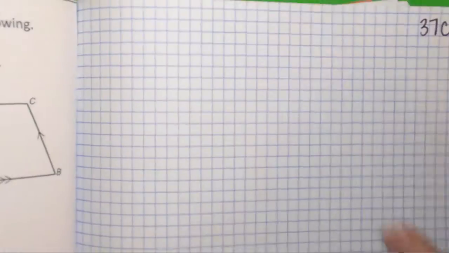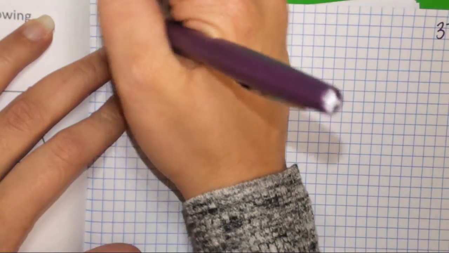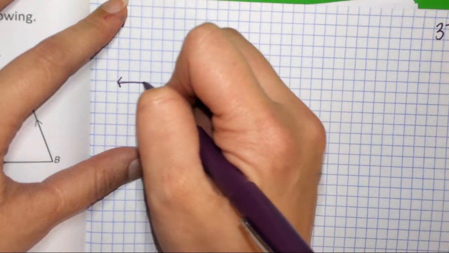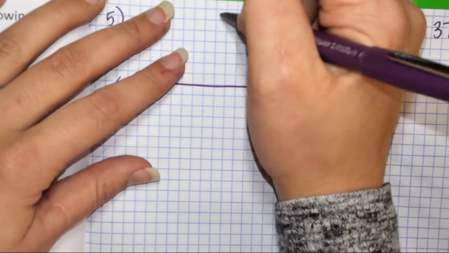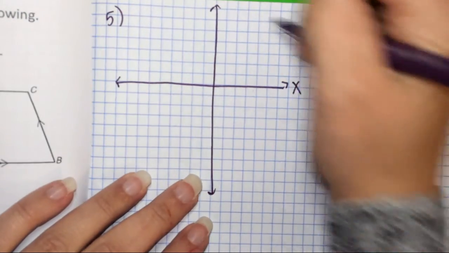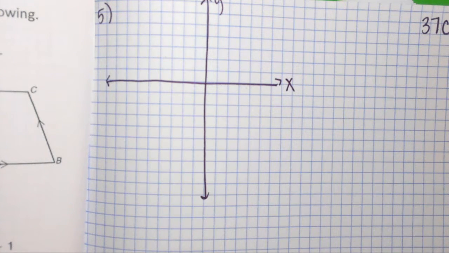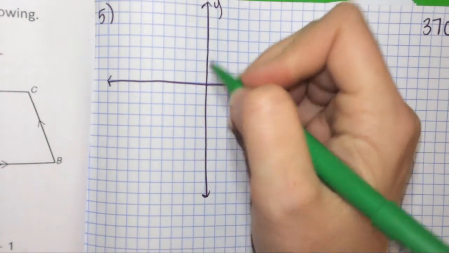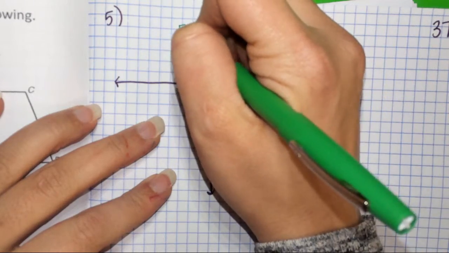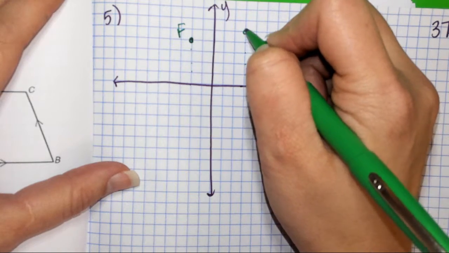Alright, so my next page is going to be 37C. So we need to draw a coordinate plane. And what do you think we're going to do with our points? We're going to plot them. It's going to come out to be a point.